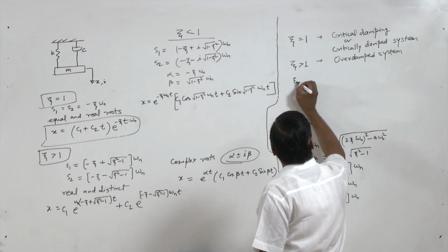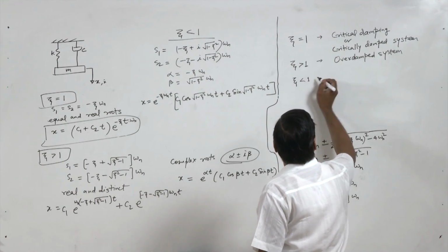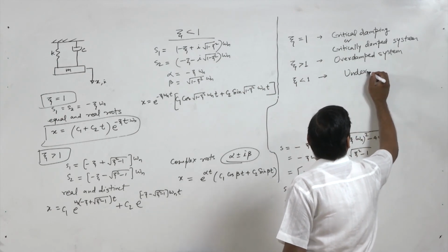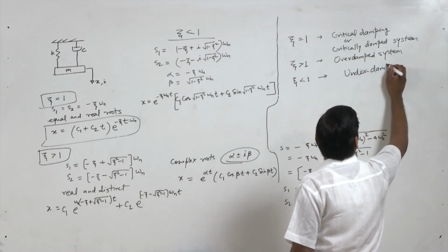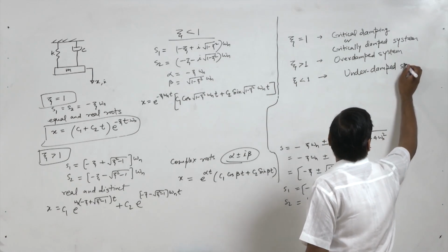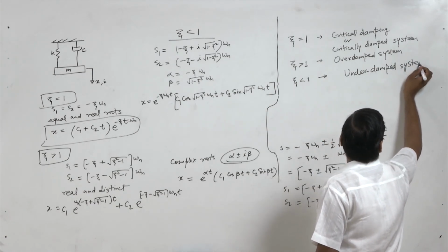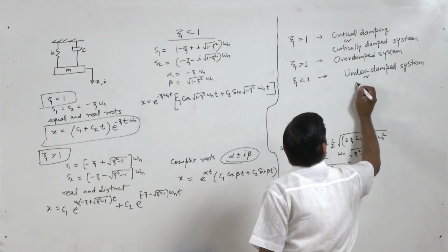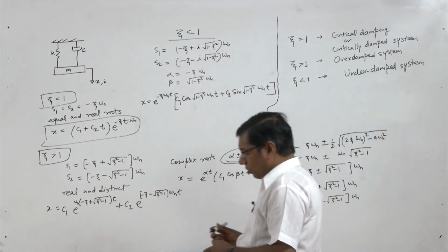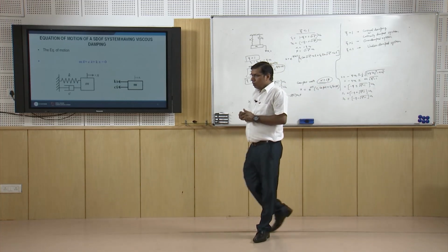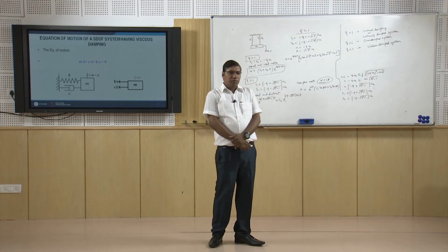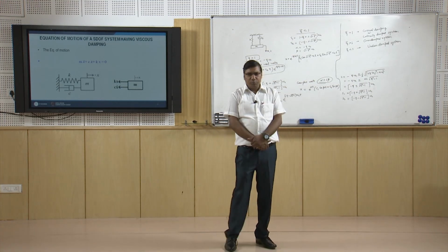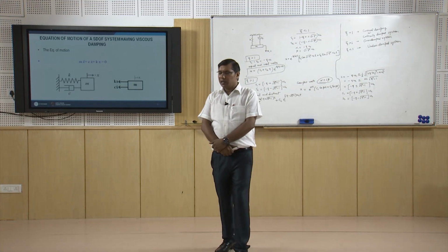When zeta is less than 1, we call it an underdamped system, or underdamping of the system.